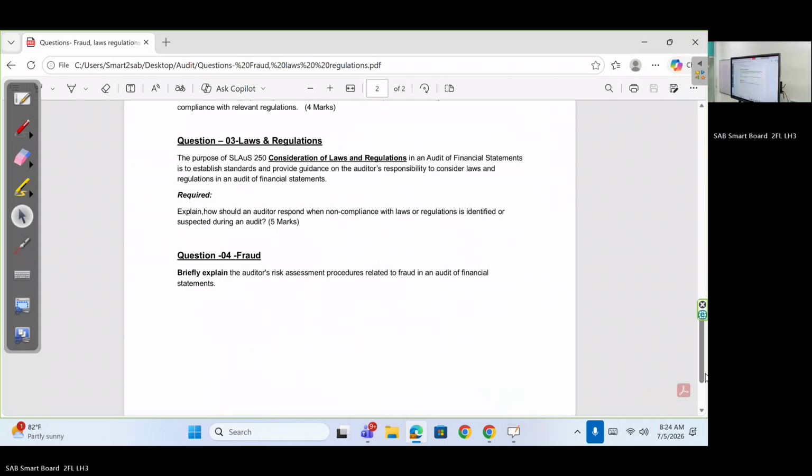Then the first question and second question are case type questions. The first question is related to frauds, the second question related to laws and regulations, and the third question also related to laws and regulations. After this, I will have a set of agreement terms, this type of questions.